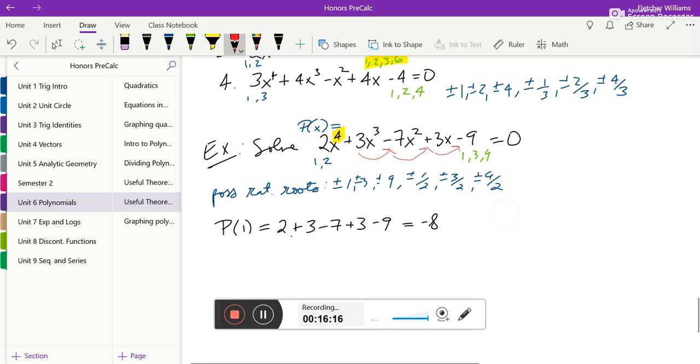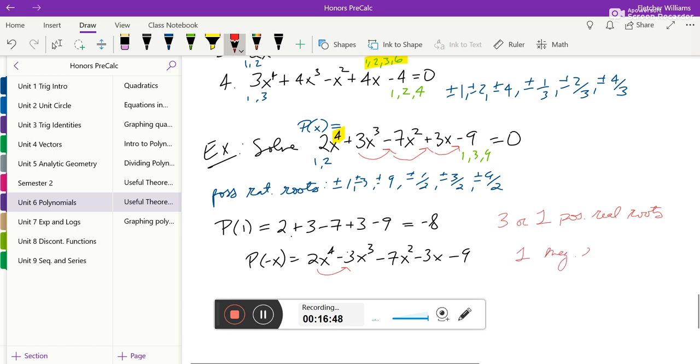That means we've got 3 or 1 positive real roots. And if we looked at p of negative x, that'd be 2x to the 4th minus 3x cubed minus 7x squared minus 3x minus 9. In that expression, there's only 1 sign change. So there's only 1 negative real root. So just so we know what we're dealing with, and you'll see how this will help in just a minute.